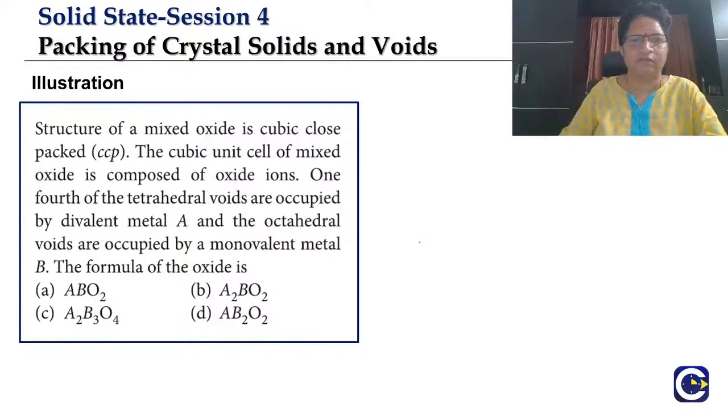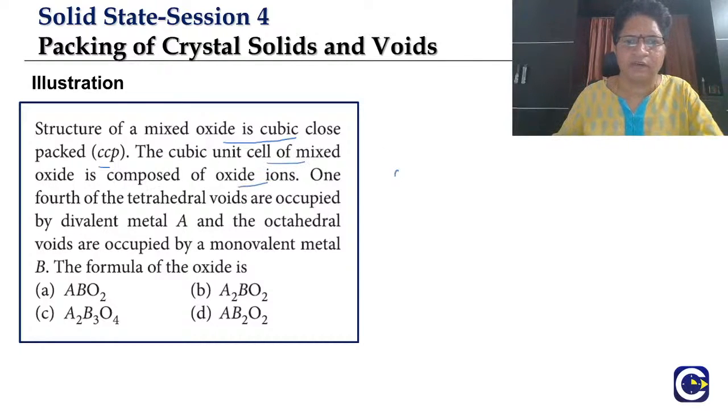Fine. First you try doing it, then I will do it. A mixed oxide is cubic close pack. Oxide ions, a divalent metal ion and a monovalent metal ion are forming.